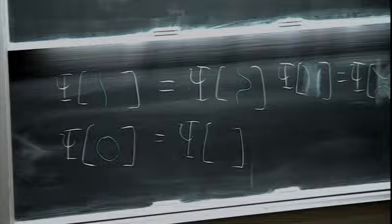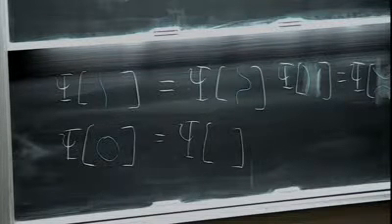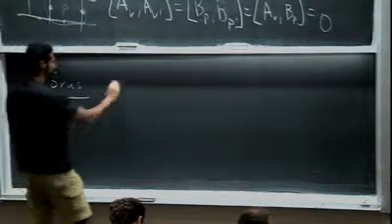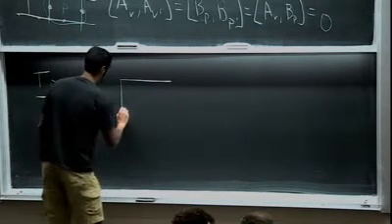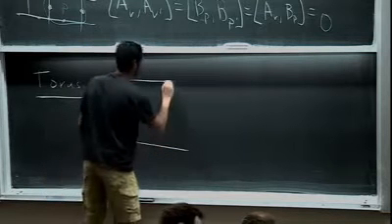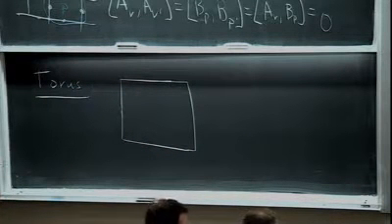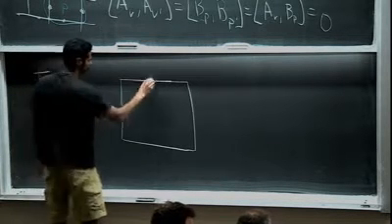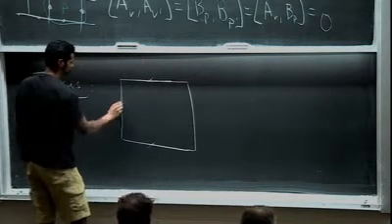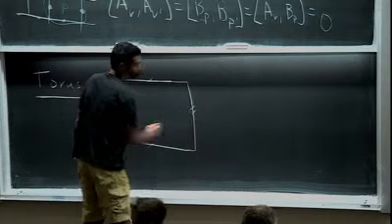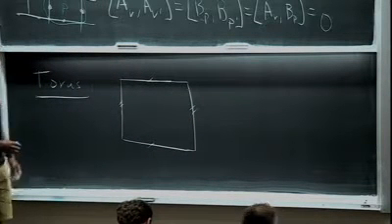We take a square lattice, put periodic boundary conditions in both directions. Let's consider just the square torus for now. So this side is identified with this side. This side is identified with that one.